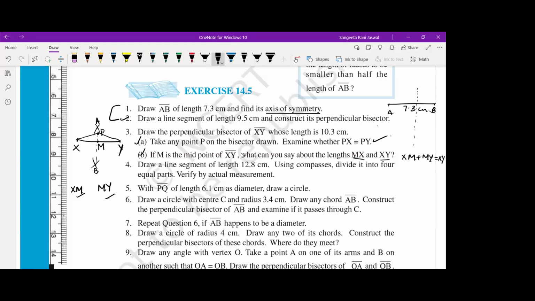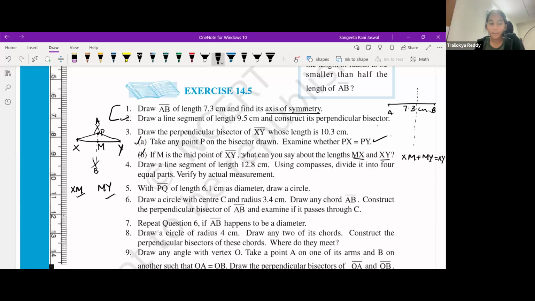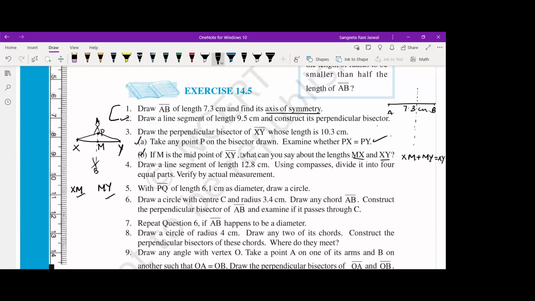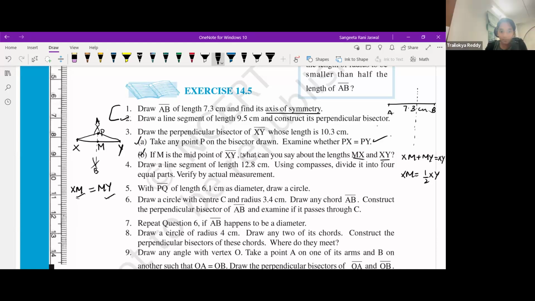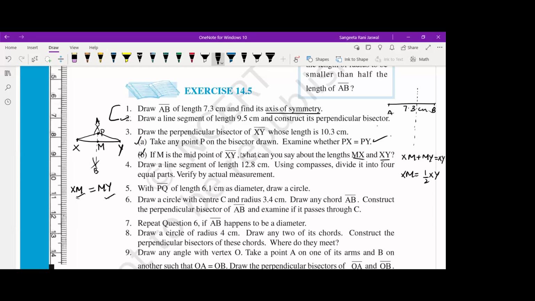That means XM is equal to half of XY, because XM and MY both were equal, no? So XM is equal to half of XY, we can say. Understood, everyone? Yes, ma'am. Okay. Great.